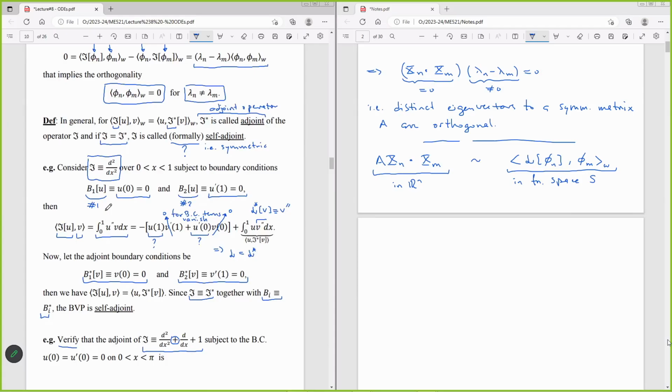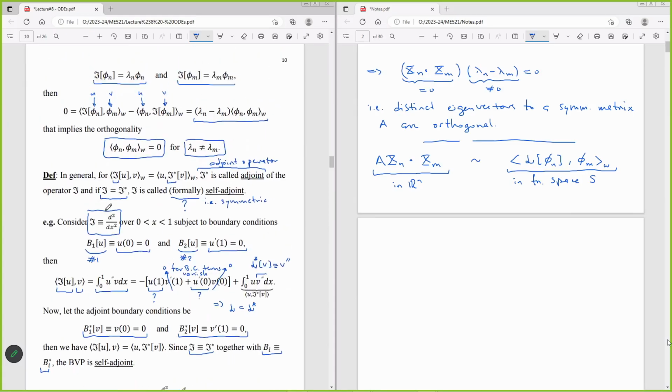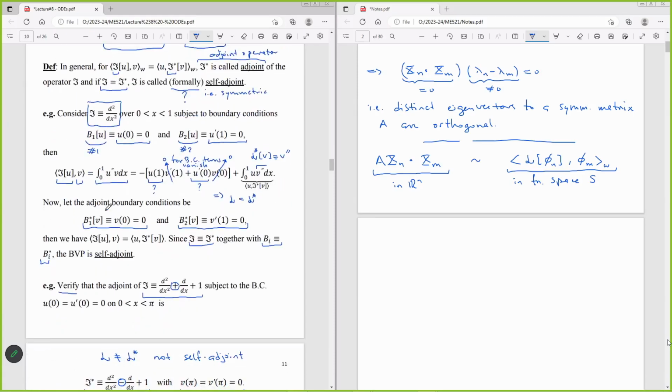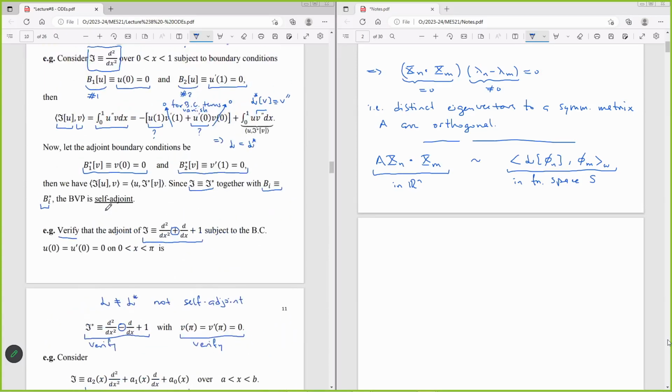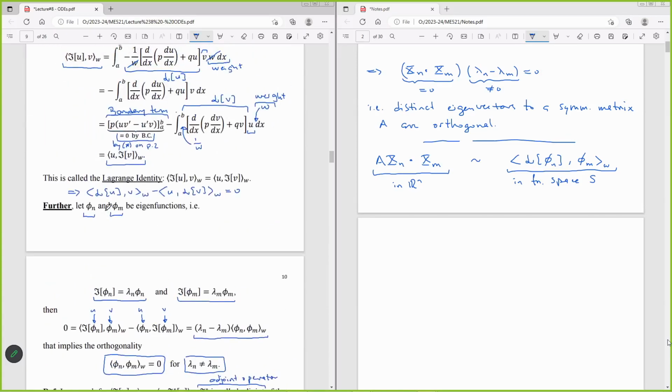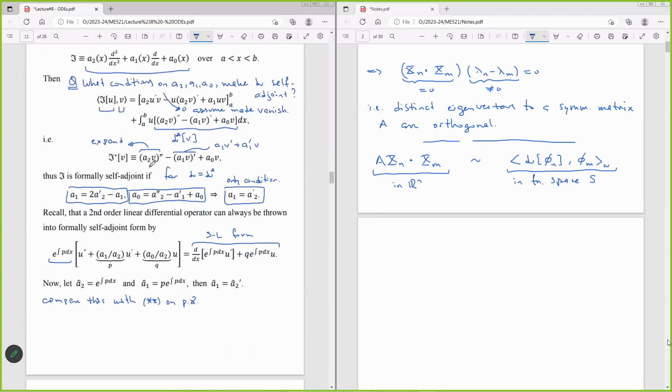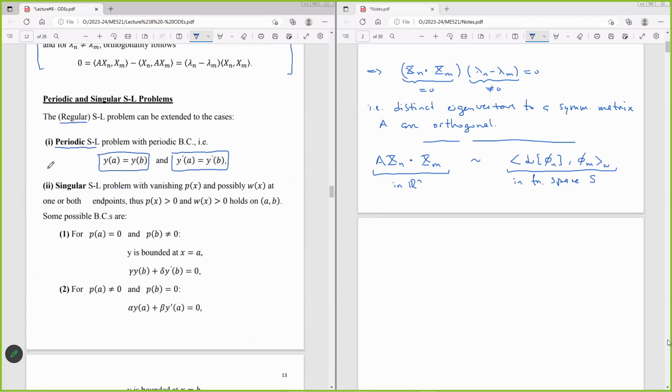I don't remember where. Okay, star on page 2 becomes this. So you change the boundary conditions of the regular SL to this. Then it becomes a periodic SL problem.